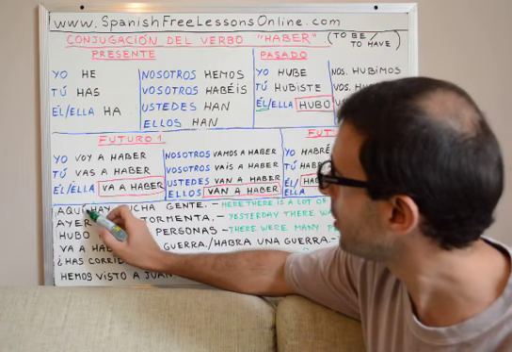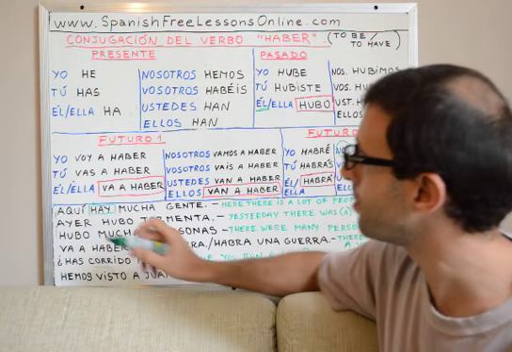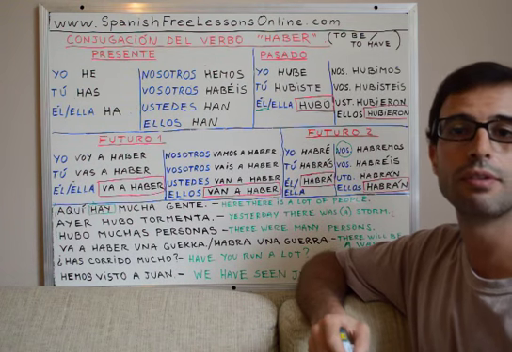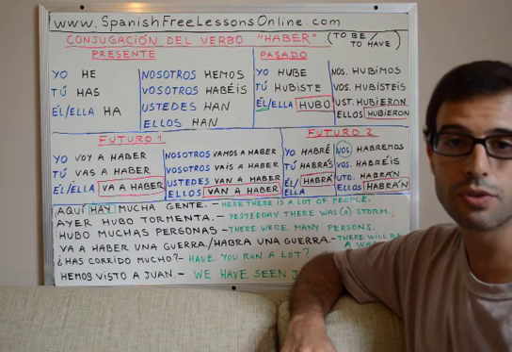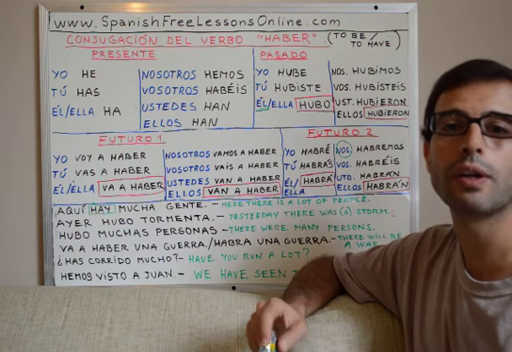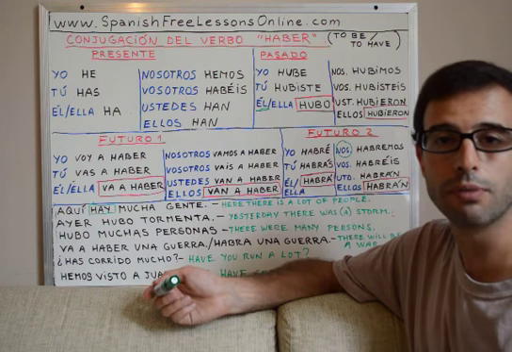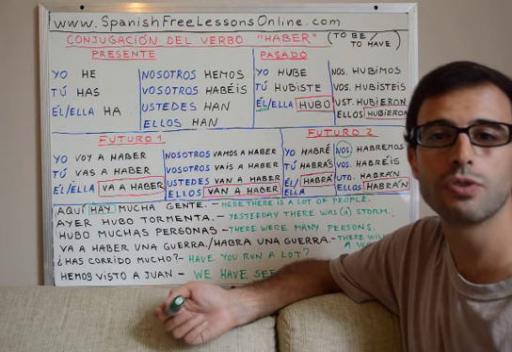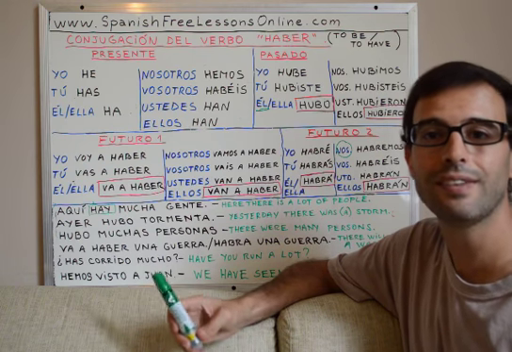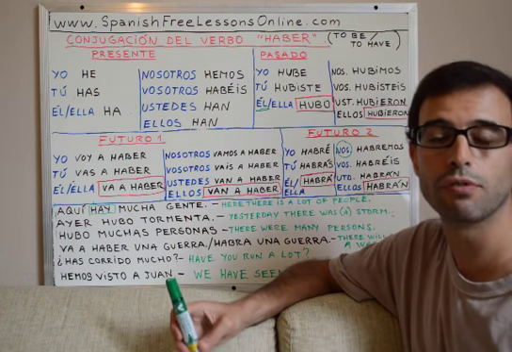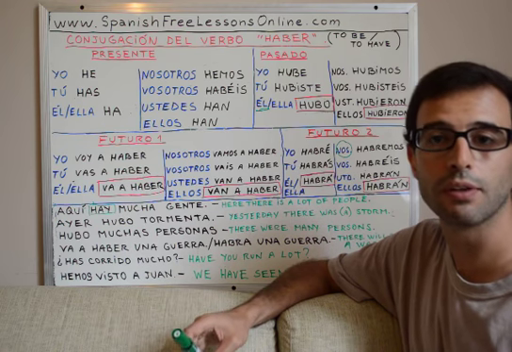So, here we are using the special conjugation of the verb haber, hay, for there is. And why do I say special conjugation? Because when we say there is in English, we are using the verb to be, right? But it's not a special conjugation of the verb to be, because it is a conjugation of the verb to be in simple present for the third person of the singular, right?